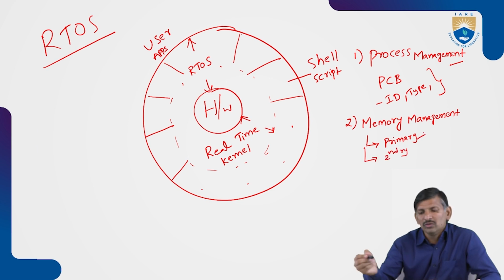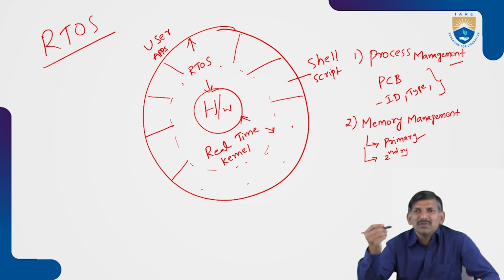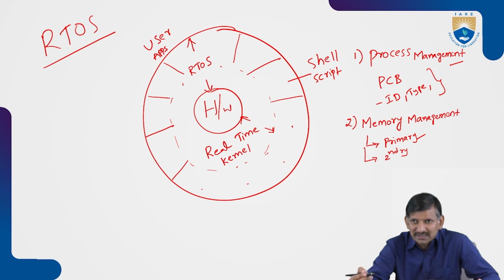What primary memory device management will do is keep track of which memory space is occupied by which process.